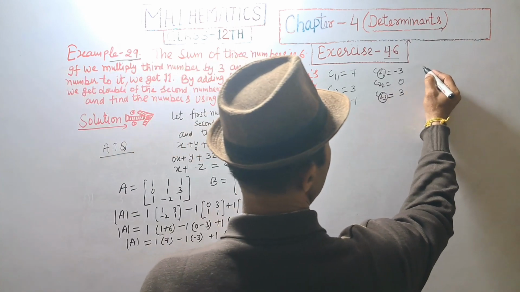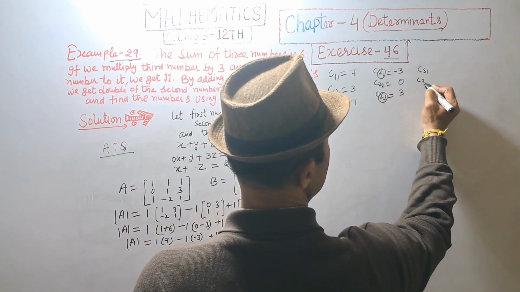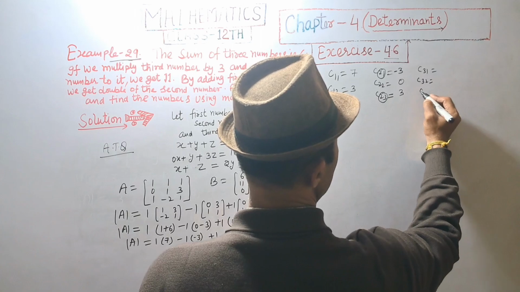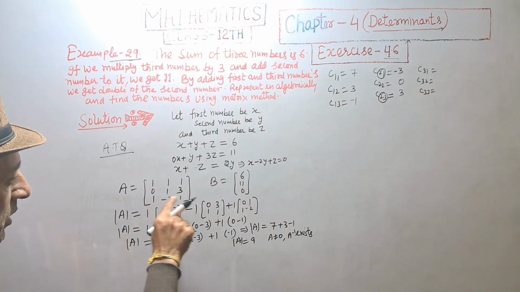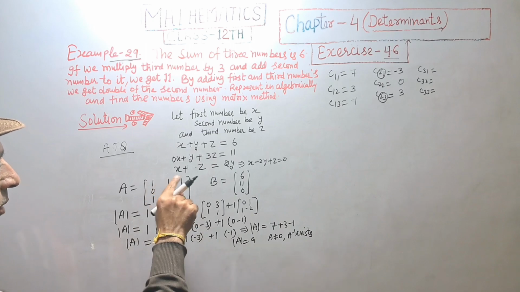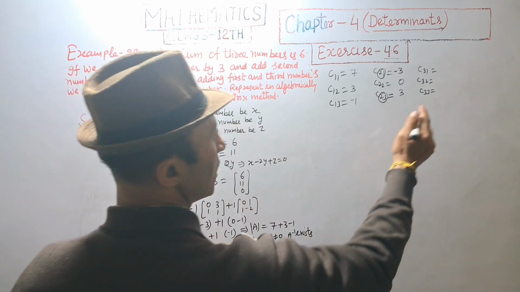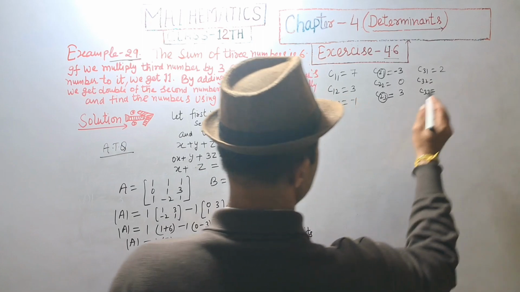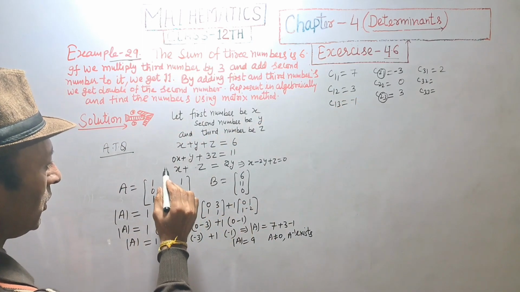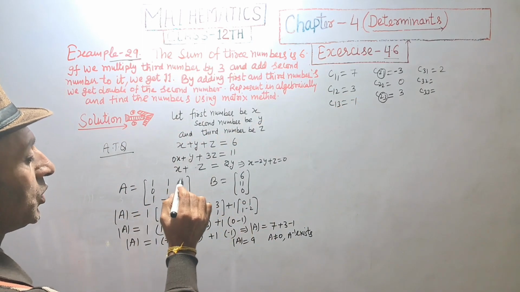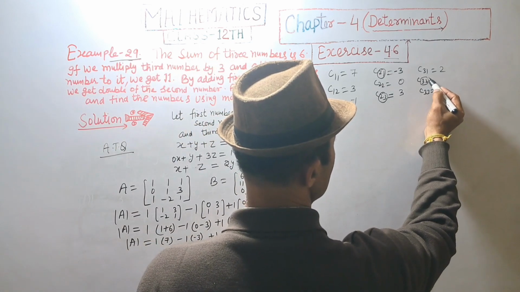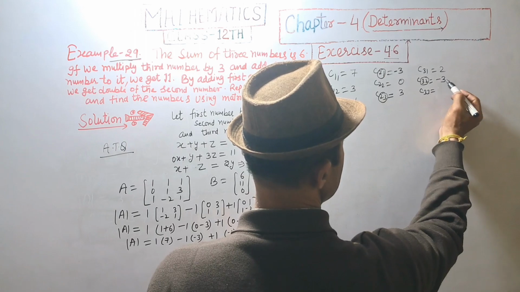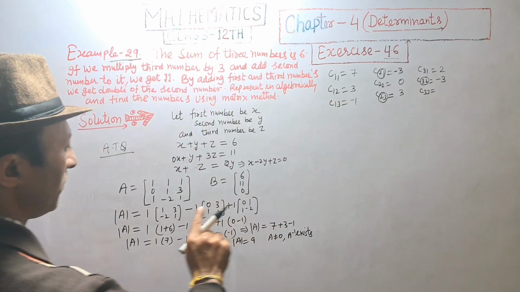C31, C32, C33. C31 means 3, 1: 3 minus 1 is 2. And C32: 3, 1, 3 minus 0 is 3, and 3 plus 2 is 5, so that will be negative 3.